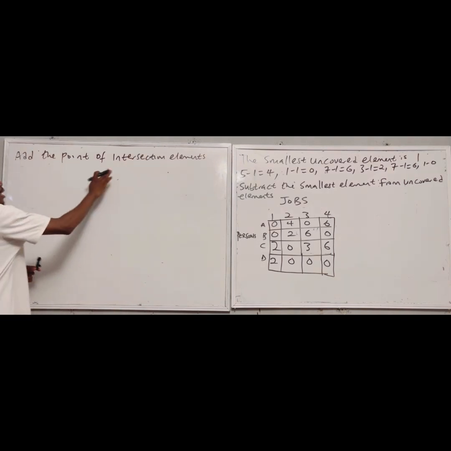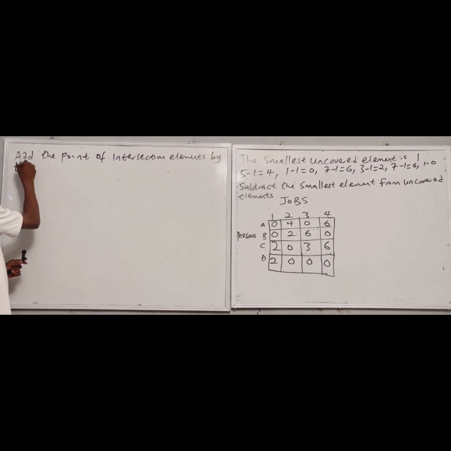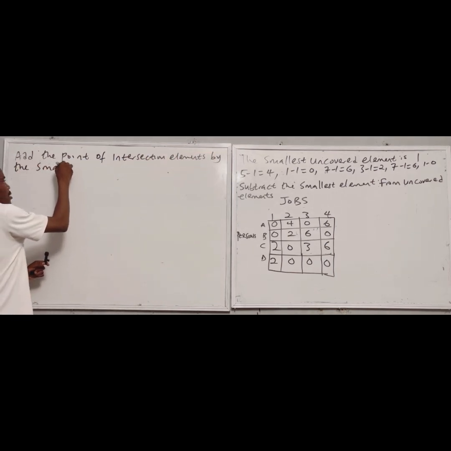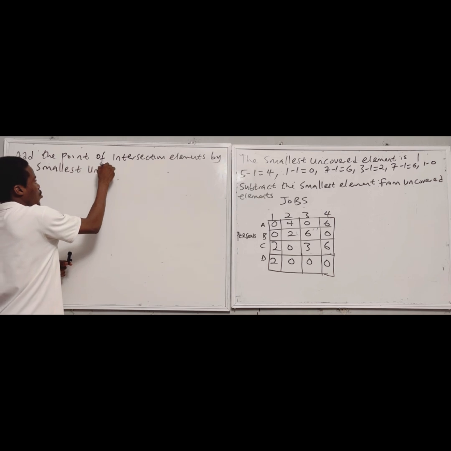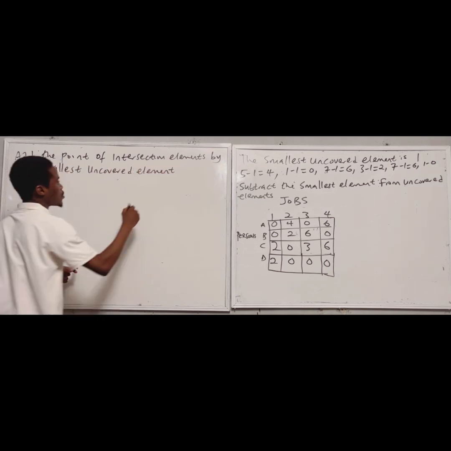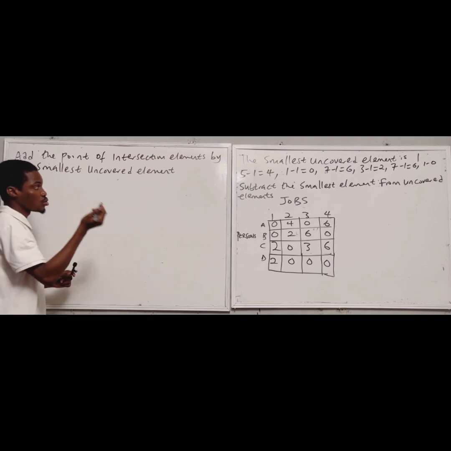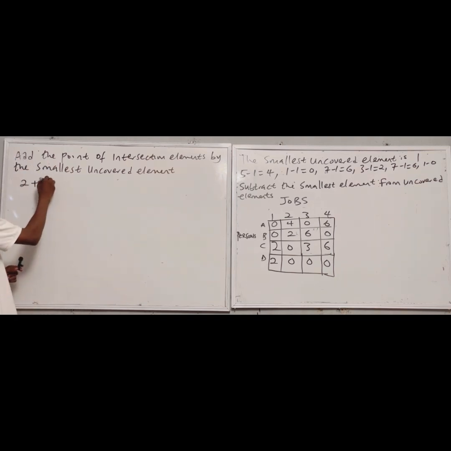I can write it like this: add the smallest uncovered element to the point of intersection element. My smallest uncovered element is 1. So 2 plus 1. My points of intersection are 2 and 2, which becomes 3. 2 plus 1 is 3.